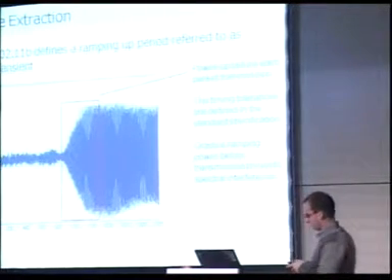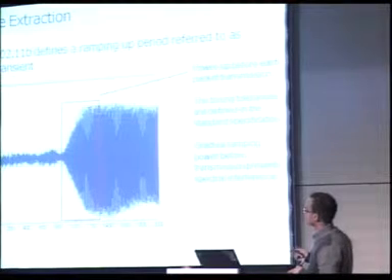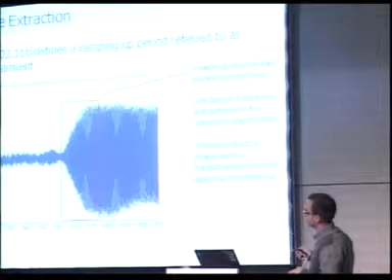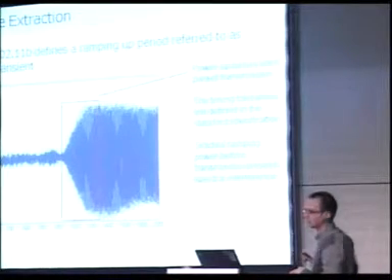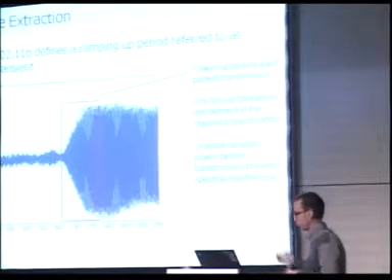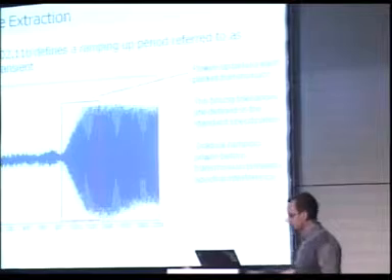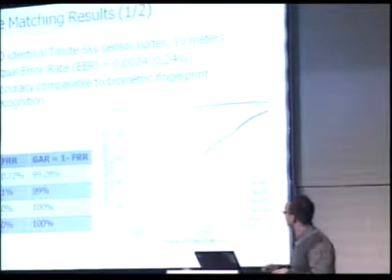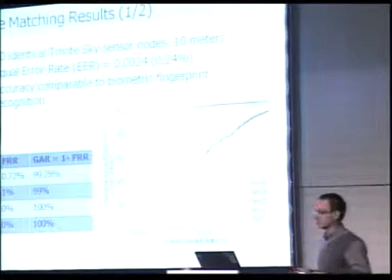So we use this part, which is usually referred to as the transient part, and we extracted some statistical features from it based on different spectral transforms, which I'm not mentioning in the presentation. And the results were quite amazing.